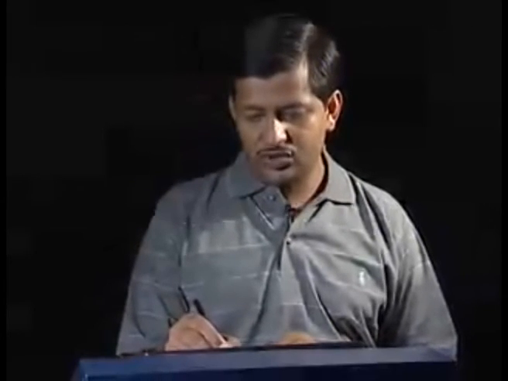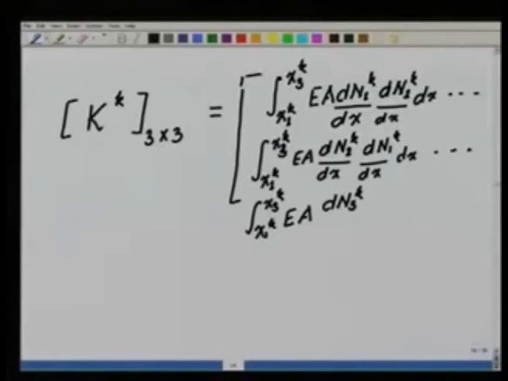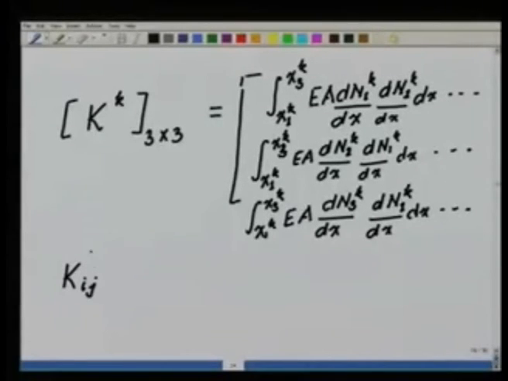So that should be kept in mind. Okay. So can I write the Kij in the element k?